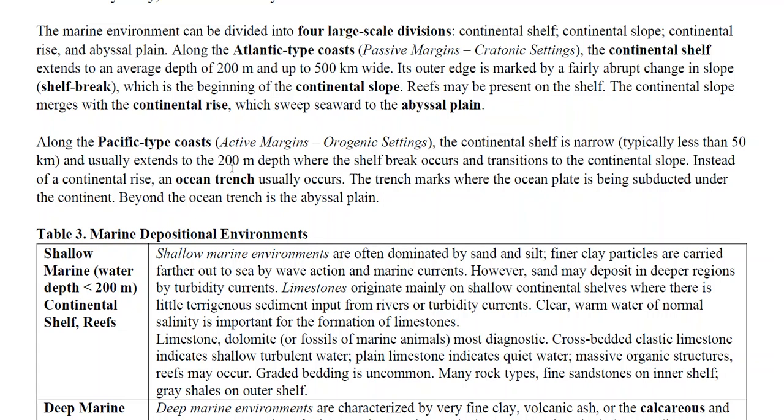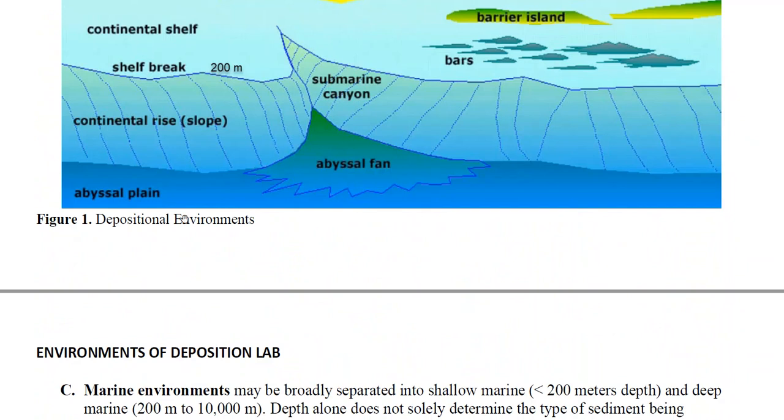And again, we're getting to the shelf break at 200 meters because that's about where we see it worldwide. 140 to 200 is kind of the range, but we'll just go with 200 because remember, that's the base of the epipelagic zone for the oceans. And instead of a rise, we see an ocean trench. So instead of seeing a rise here, you would see a trough where the ocean plate would be subducting under the continent.